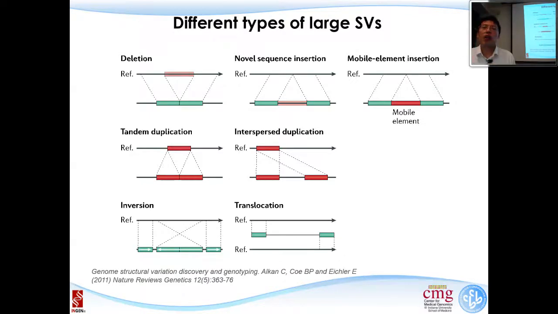I'm pretty sure this is an incomplete list of all the large structure variations. There are more complicated ones. Before next generation sequencing technology, it was almost impossible to identify these larger structure variations de novo.